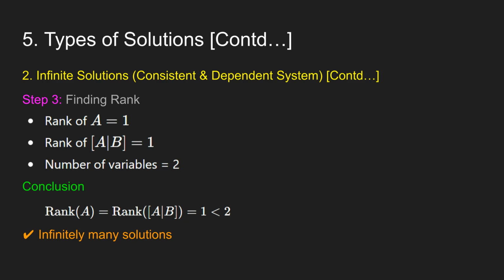The rank of matrix A is equal to 1. The rank of the augmented matrix A bar B is also equal to 1, and the number of variables in the system is 2. Now let us state the conclusion. Since the rank of matrix A is equal to the rank of the augmented matrix A bar B, and this common value, 1, is less than the number of variables, which is 2, we conclude that the system has infinitely many solutions.